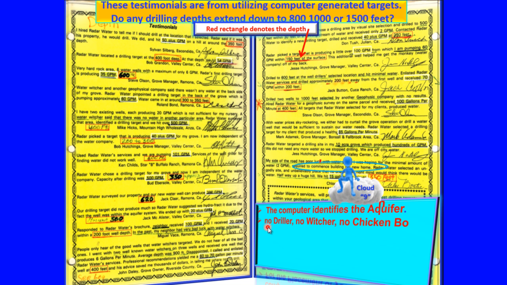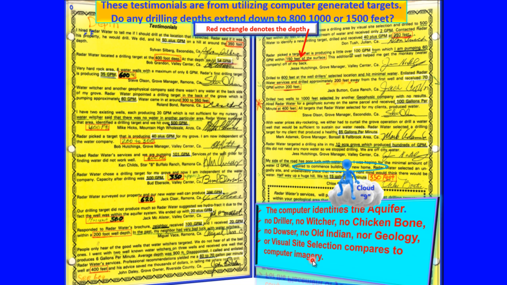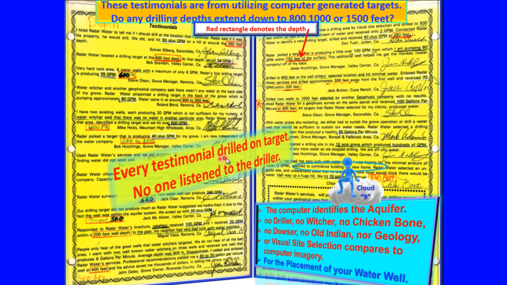No driller, no witcher, no chicken bone, no dowser, no old Indian, nor geology, or visual site selection compares to computer imagery for the placement of your water well. Every testimonial drilled on target. No one listened to the driller.